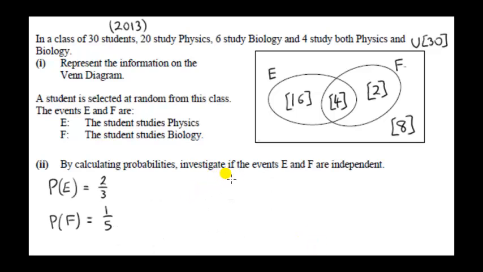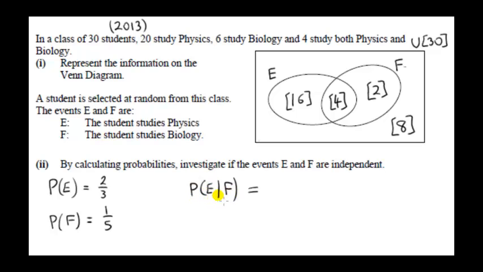Now we want to investigate if events E and F are independent. So to do that we need to calculate either the probability of E given F or the probability of F given E. Let's look at the probability of E given F. So what does this mean?